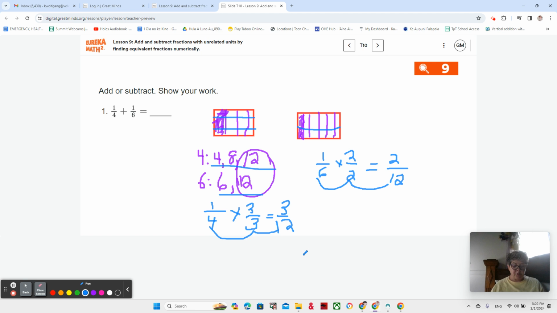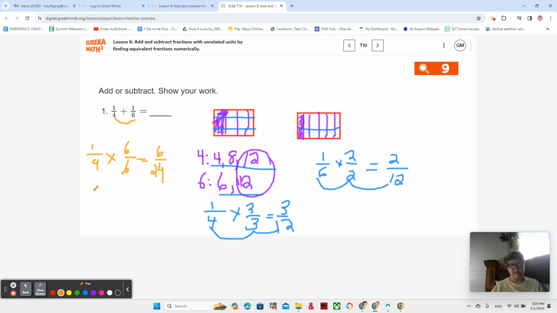Could we change it to 24ths? Could we have just said, I can multiply 4 times 6 and 6 times 4? Could we have done 1/4 times 6 over 6 and get 6/24?